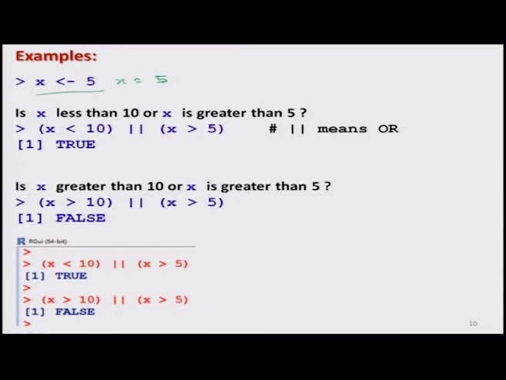So, I can write down here x less than 10, and this symbol here, two bars, indicates the statement or, x is greater than 5.